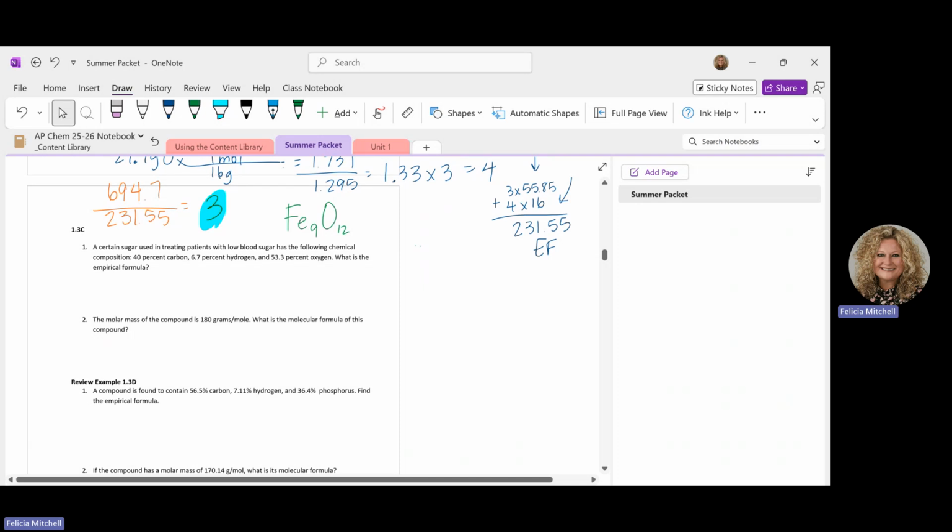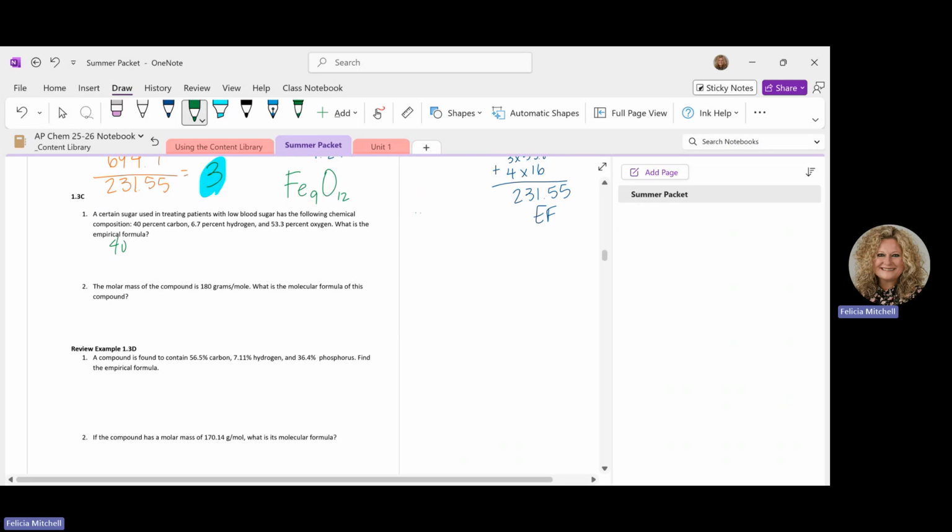All right, a certain sugar would have these percents. What's the empirical formula? Okay, here we go. Turn the percents into grams. Do moles: 12.01 in 1 mole for carbon, 1.01 grams in 1 mole of hydrogen, and 16 grams in 1 mole of oxygen.